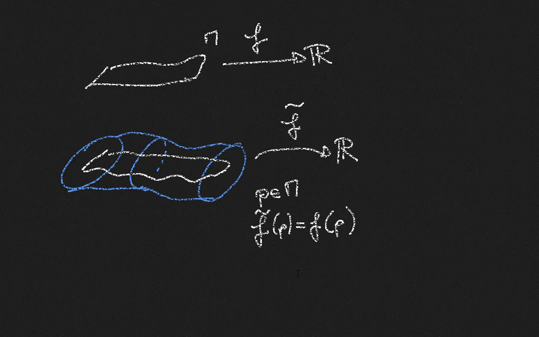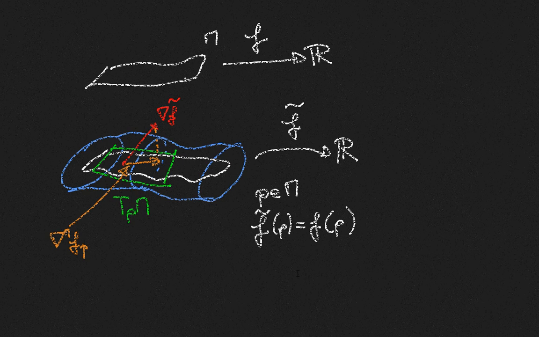And again, here you have maybe your gradient of f tilde. You have the tangent space to M. And the orthogonal projection here is the gradient along M of f.